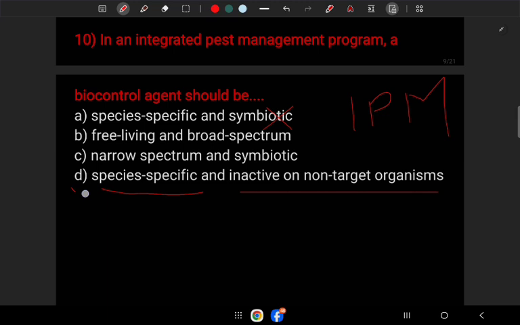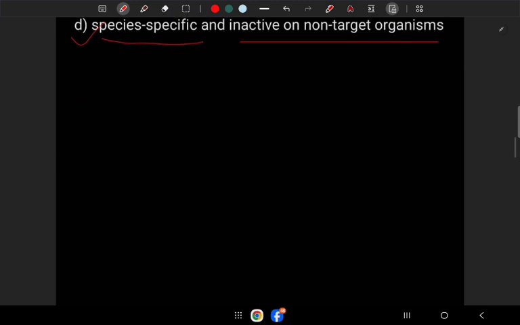This is the correct option. For example, Bacillus thuringiensis is used to control caterpillar or bollworm. On the other hand, ladybug is used to control aphids. So a particular organism is used to control the specific organism, not broad spectrum or different organisms.